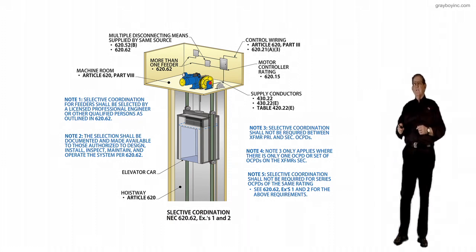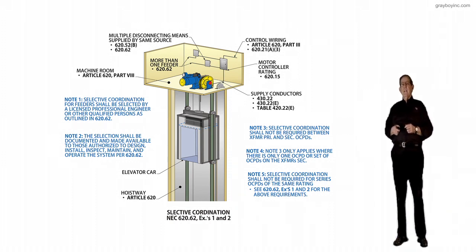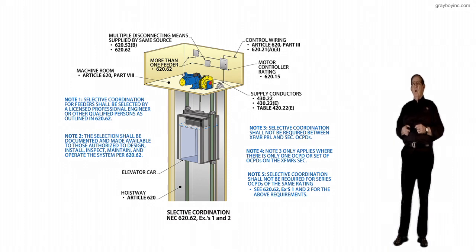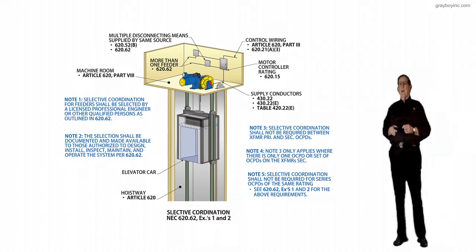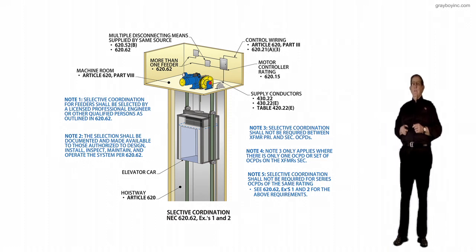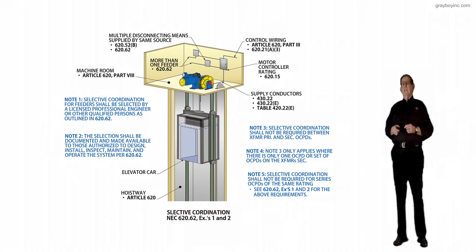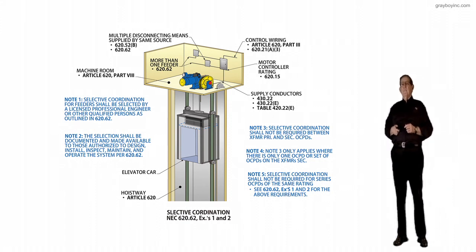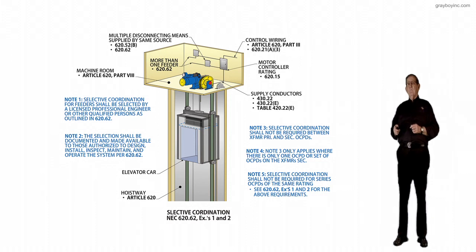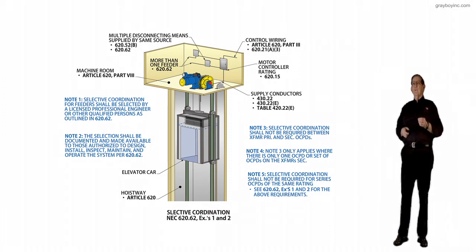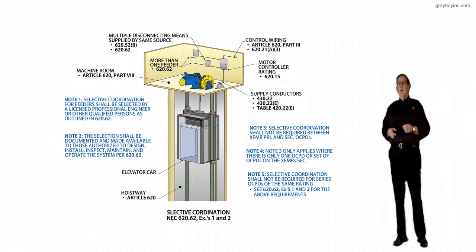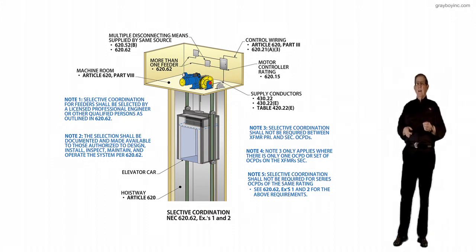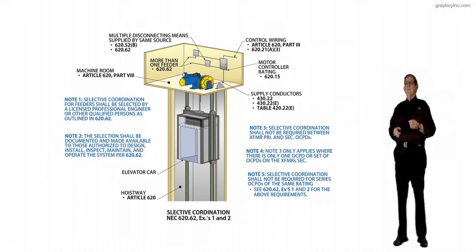Note 3 talks again about selective coordination, and it shall not be required between transformer primary and secondary overcurrent devices. That used to be a problem where the plan check or the authority having jurisdiction called for that. Note 4 talks about note 3 only applying where there is only one overcurrent device or set of overcurrent devices on the transformer's secondary.